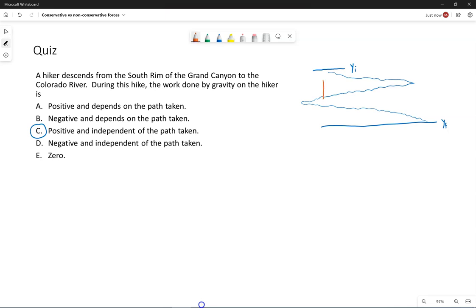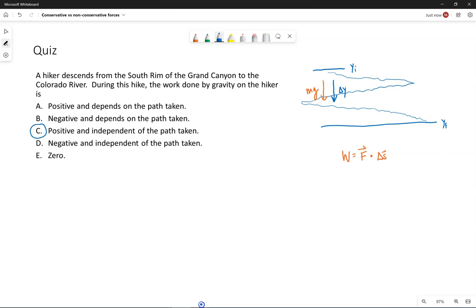But since the force of gravity acting on a hiker points straight down, and because work is force dotted with displacement, the dot product is accounting for the components that are parallel. The force of gravity only does work over the motion that is in the same direction, a delta y.